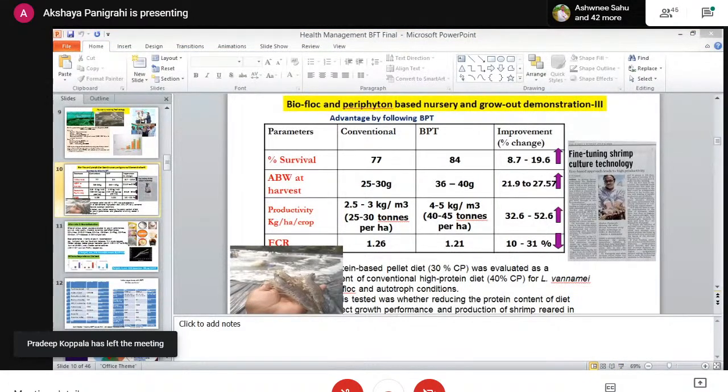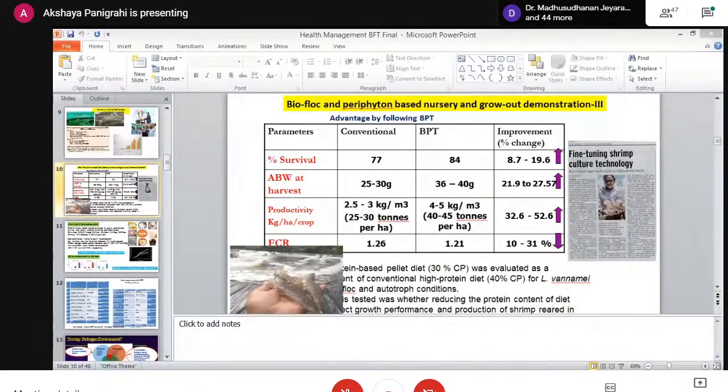So this is one of the production systems that we tried in 2013-14. Here we can show one comparison of the biofloc system with the conventional system over 110 days of culture.